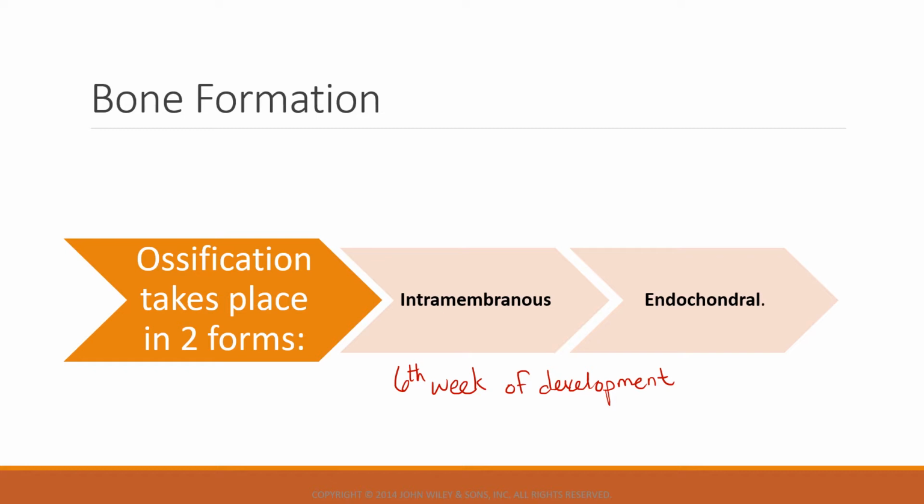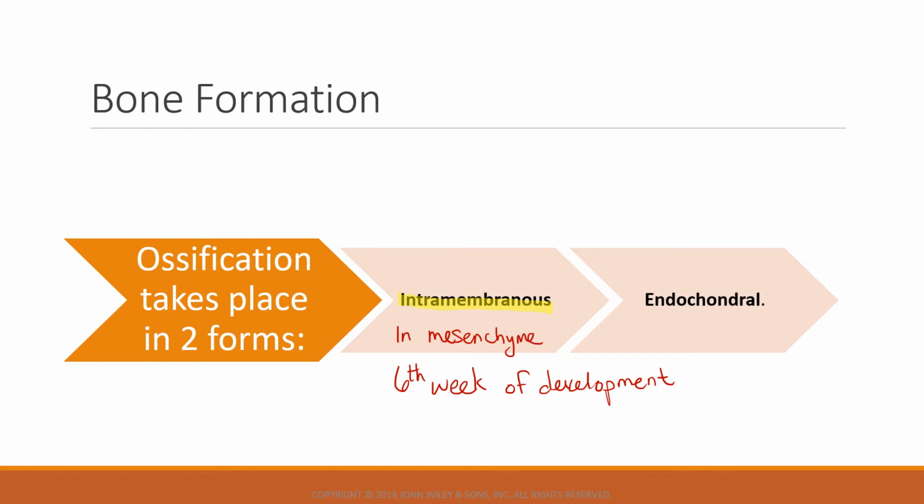In the first type of ossification, which is intramembranous, bones form directly within the mesenchyme, which is arranged in sheet-like layers that resemble membranes.